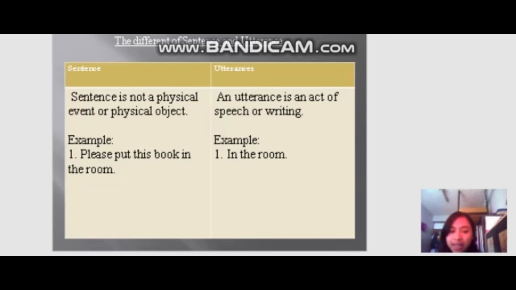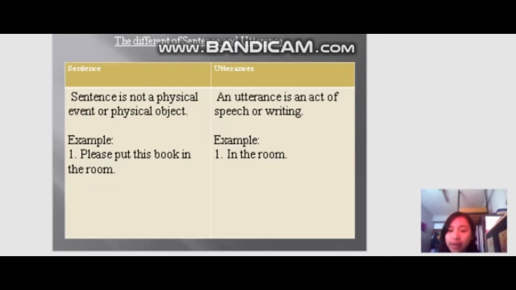It is a construction of words, not tied to a particular time and place. For example, please put this book in the room. Put this book in the room.